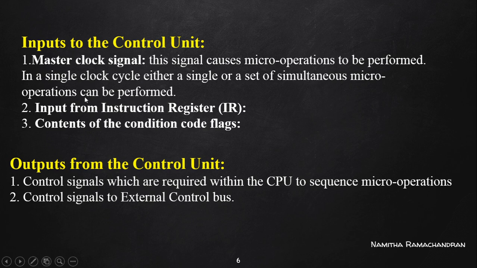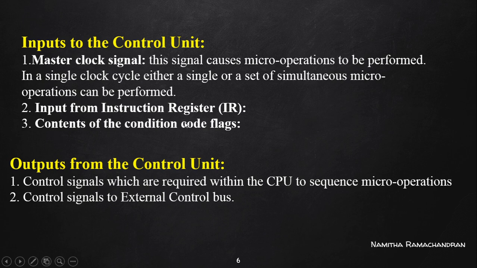And the input from the instruction register is provided to the control unit, and the control unit can decode it and interpret the meaning of the instruction that is going to execute, so that after decoding it generates corresponding control signal.